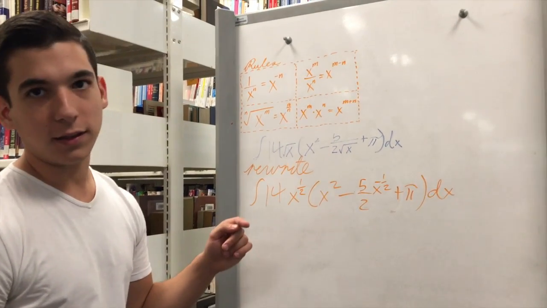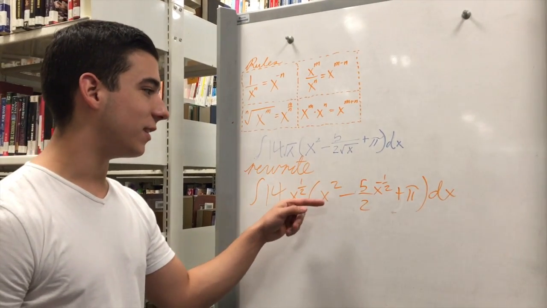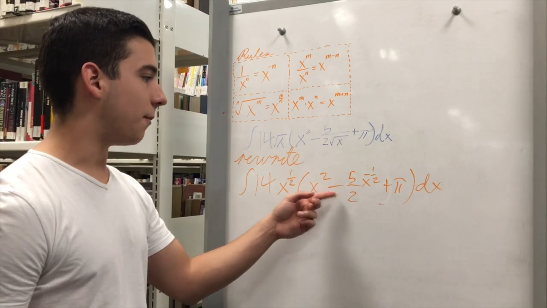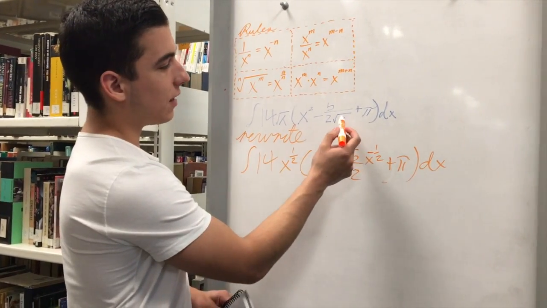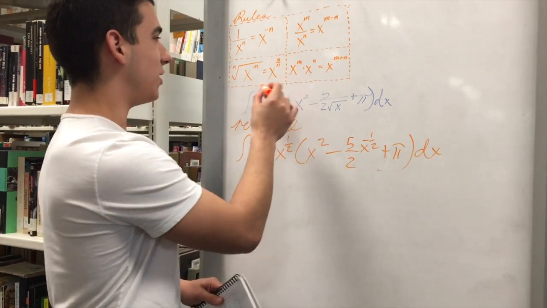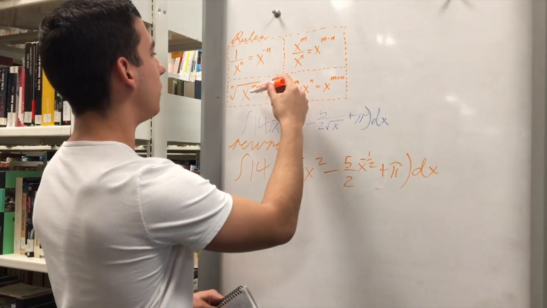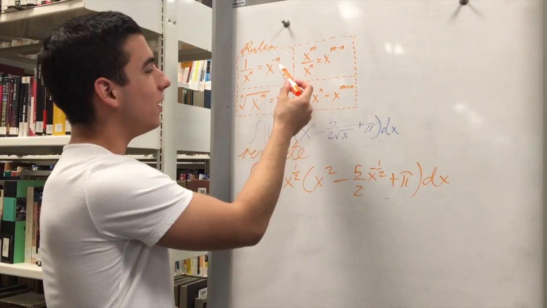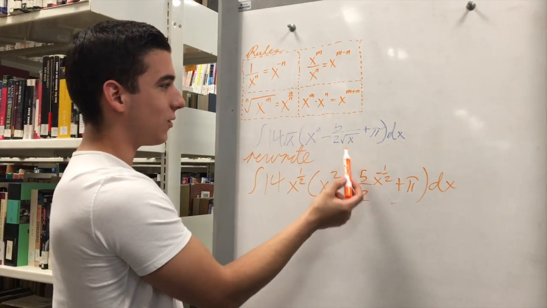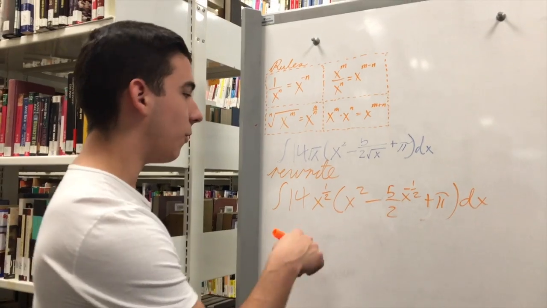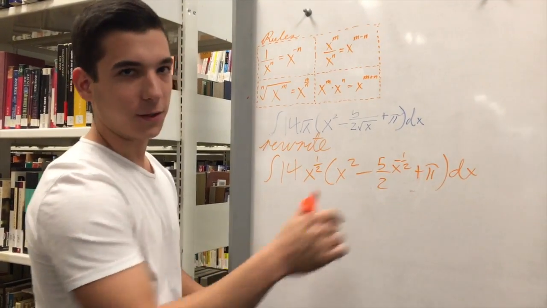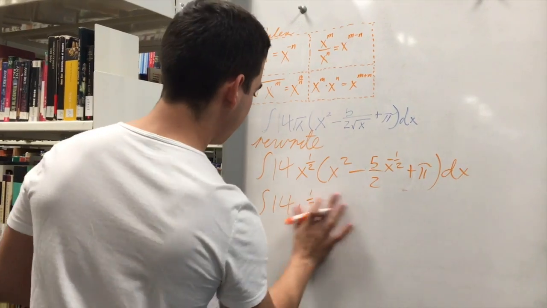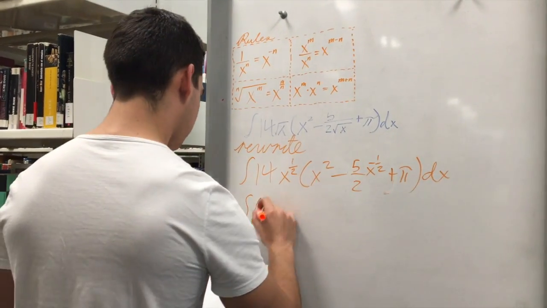Well, x to the x squared, we leave it the same, and then minus the 5/2 times square root of x, which you can take over the top using this rule, and then changing the square root to m over n. So next we still rewrite, and we have to multiply the terms.